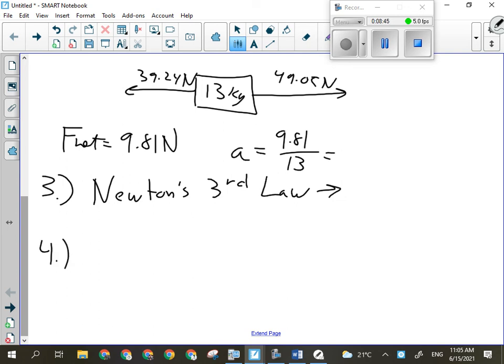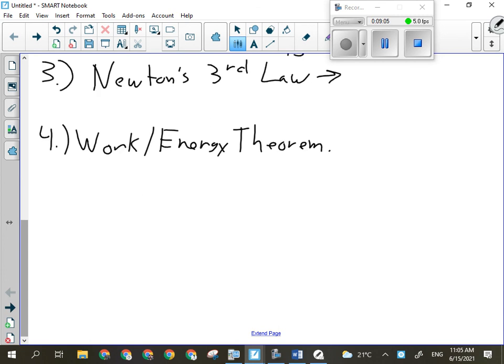Okay, fourth thing we went over, work energy theorem. Second most important concept. So work's a change in mechanical energy.